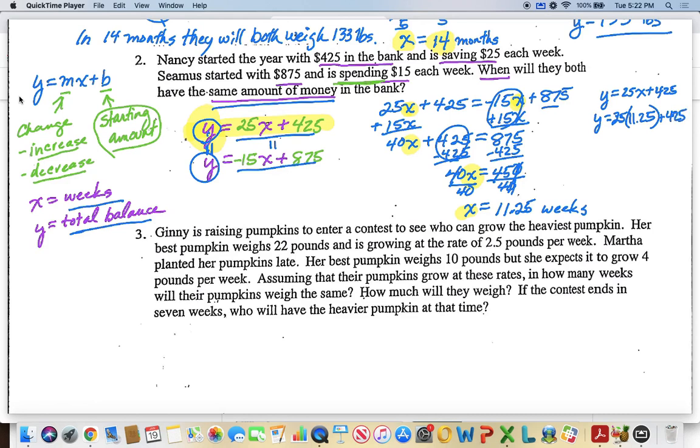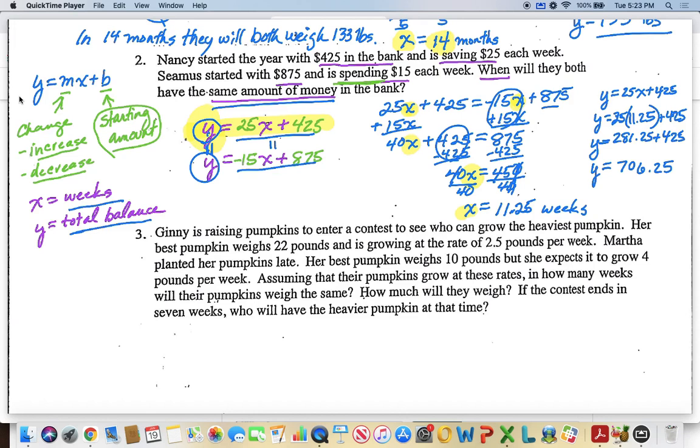All right, so I think I'll use my calculator for this. So 25 times 11.25 is equal to 281.25 plus 425. So that's going to be equal to 706.25.